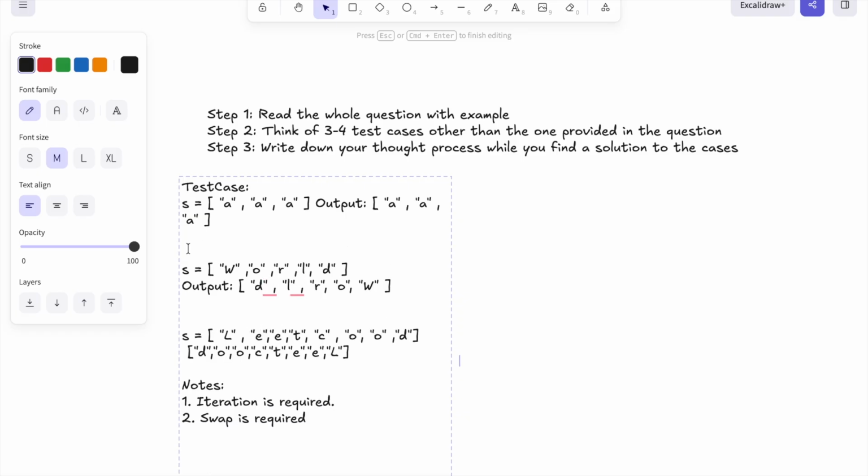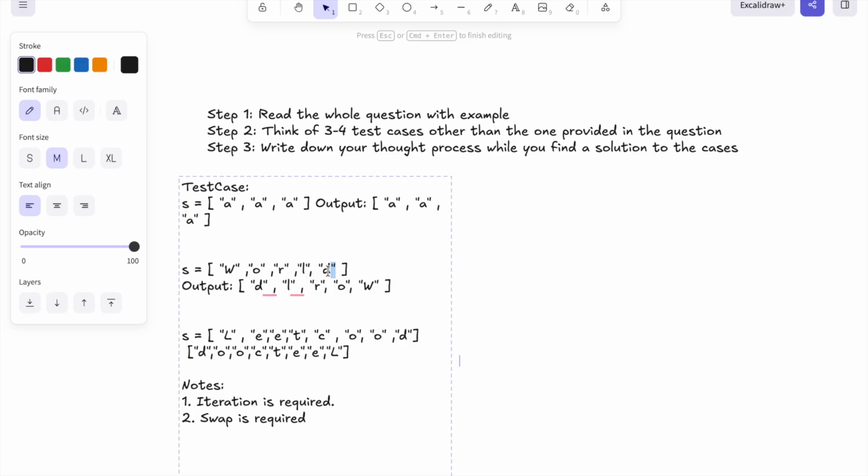Let me show you. If I swap W with D, I am moving W to its correct position, and I am moving D to its correct position. So with one swap I was able to correct the position for both letters, the one in front as well as the one in the back, right?